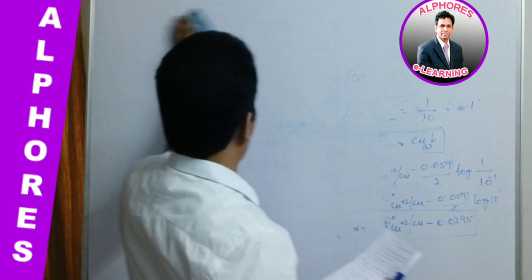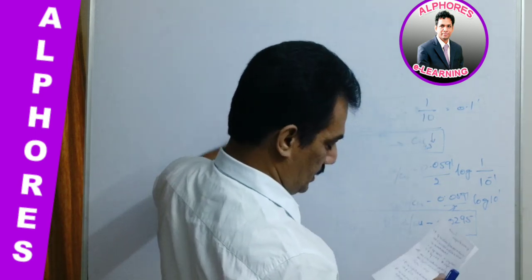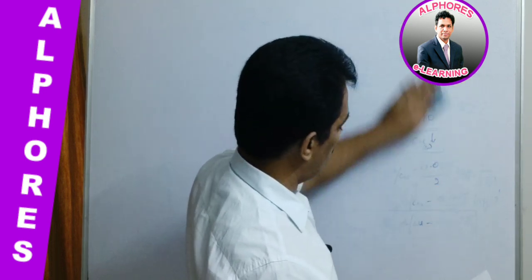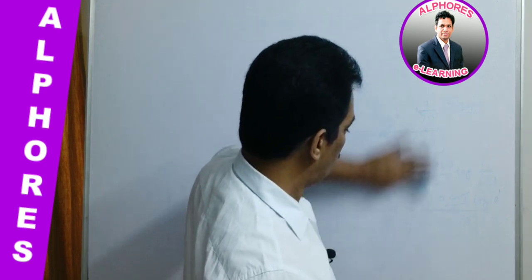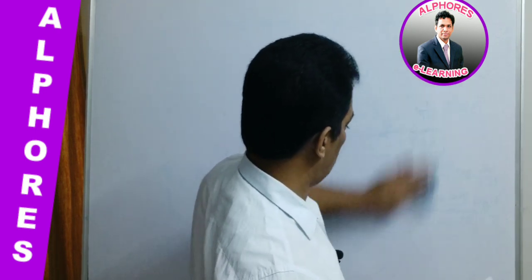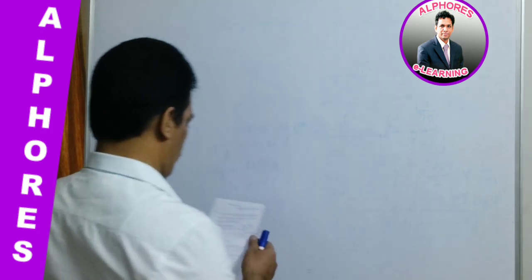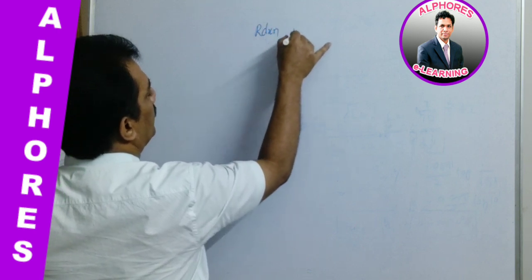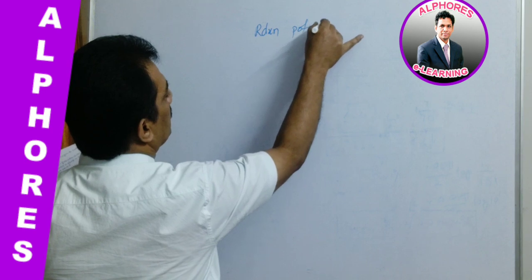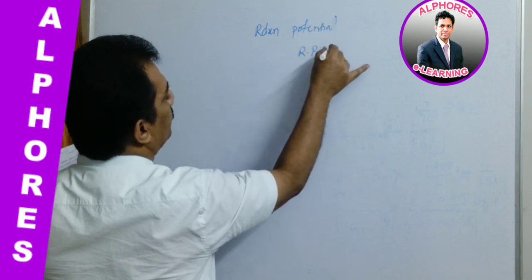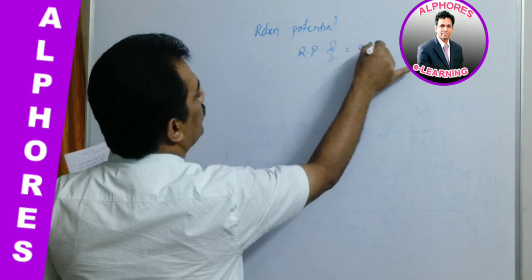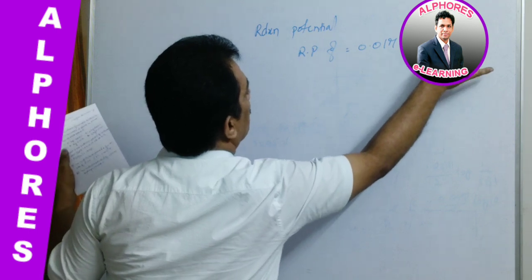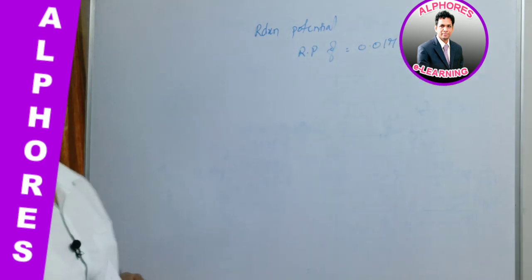Now you write this one, that is the reduction potential of 0.01 molar hydrogen electrode. This is the question you have to solve by the next session.